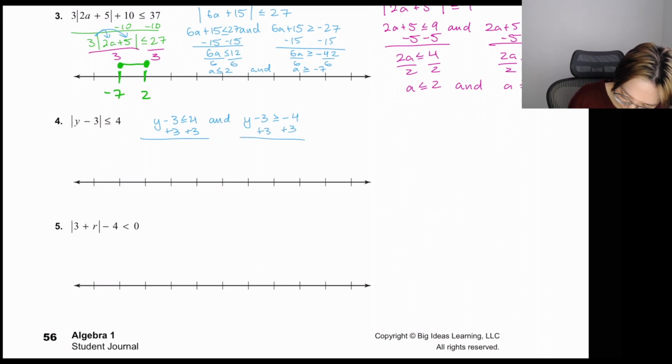I'll split into 2. Y is less than or equal to 7, and y is greater than or equal to -1. So graph this, put -1 over here, 7 over here, double check they overlap. 7 is less than, so it's this way. -1 is greater than, so it's this way. They do overlap, so this is where they overlap.